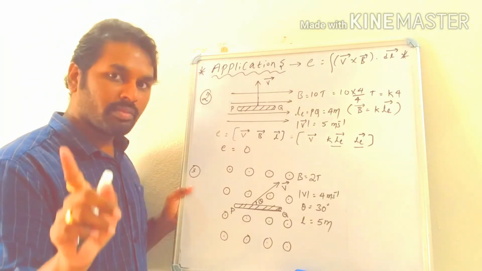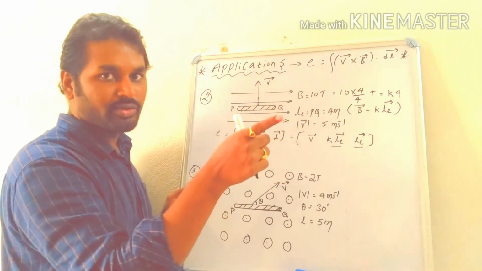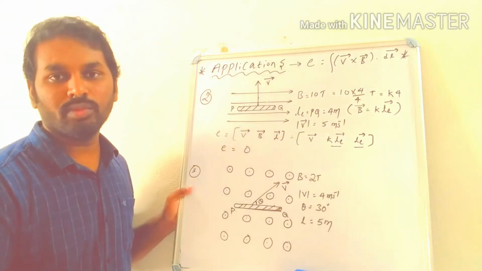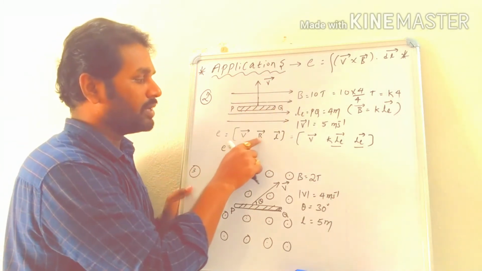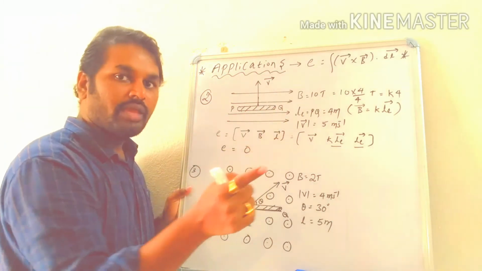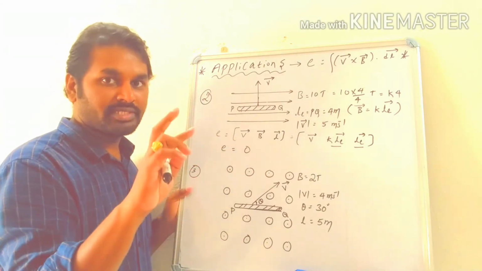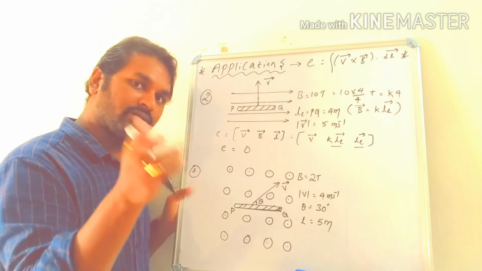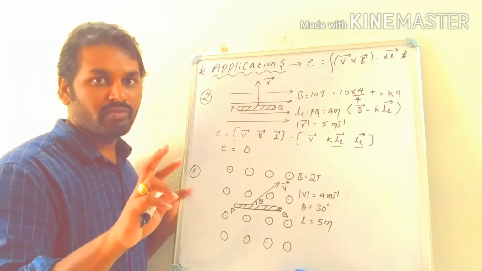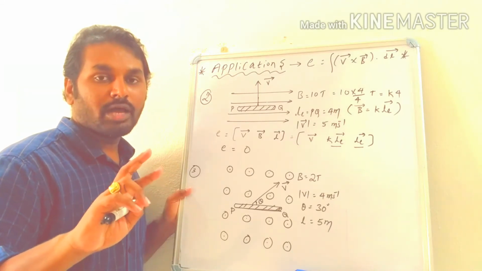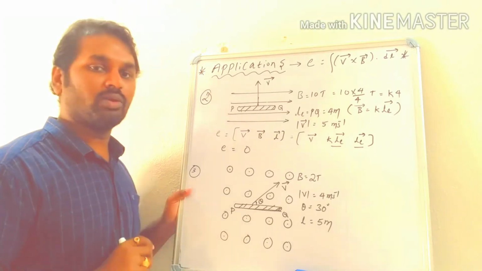0. Or in some other case, if you take V bar and L bar, if they are parallel to each other, there also you will get the result 0. So out of 3 vectors, V bar, B bar, L bar, if any two are parallel to each other, irrespective of whether same magnitude, same direction, or different magnitude, same direction, that's why we call them parallel vectors, the magnitudes might be equal or unequal.